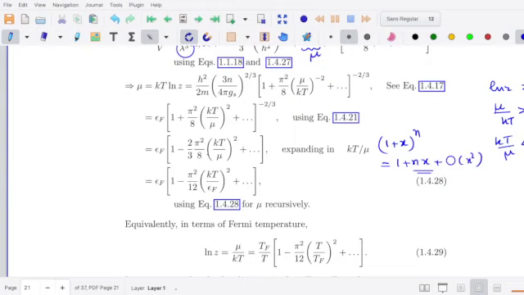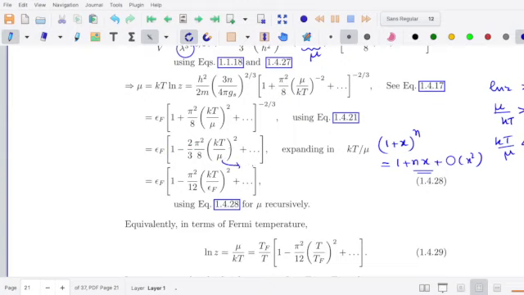Now simplifying this, we get mu, which is the chemical potential, is epsilon_F times (1 minus pi squared by 12 (kT by epsilon_F) squared), and so on. The reason why we replace this mu by epsilon_F here is the following. Remember, mu is given by this expansion, so instead of mu, we can place this expansion itself. The first term in that expansion is epsilon_F, and the second term is of the order of kT by mu squared.